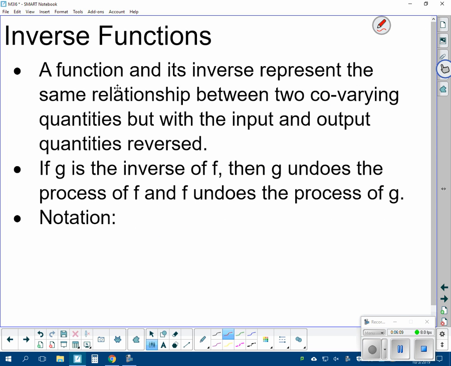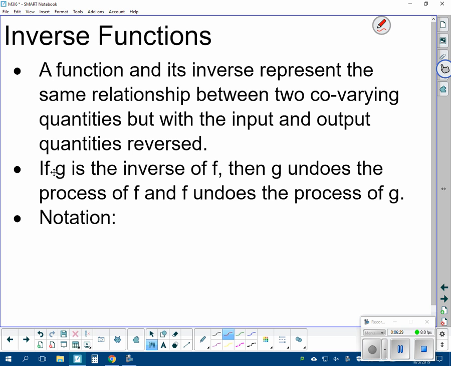So what is an inverse function? Between two covariant quantities, so two quantities that change with each other, but with the input and output quantities reversed.